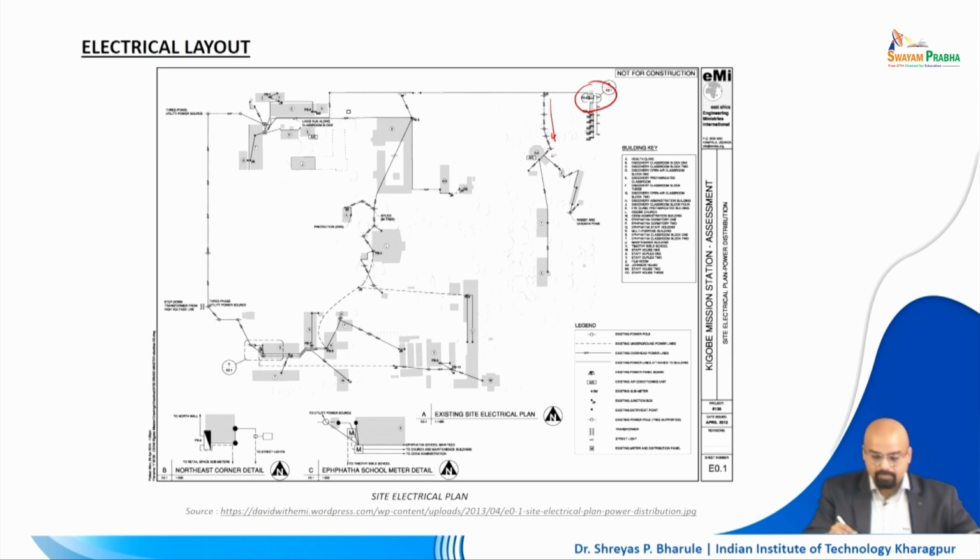So you are distributing power, say you are providing power to this layout, then you are giving it to this layout. This is a large master plan of a particular station area, right? So these are different buildings with which it will be connected. So all the individual dots which we see are actually the smaller layouts. So this is kind of a large master plan which will be provided for that particular location, right?